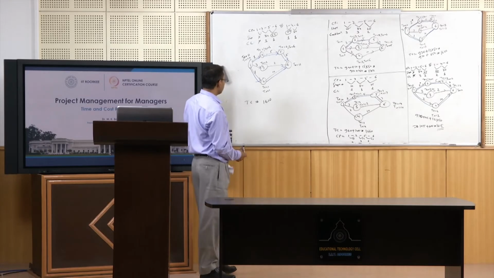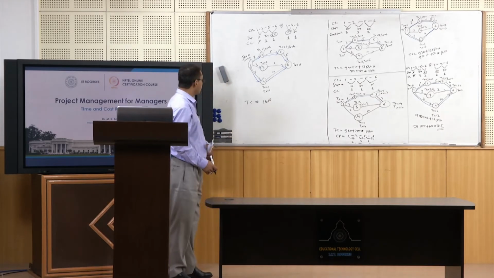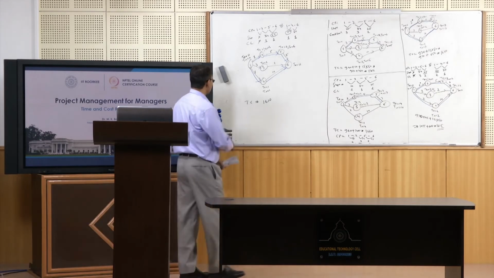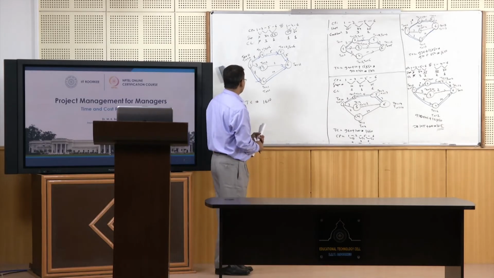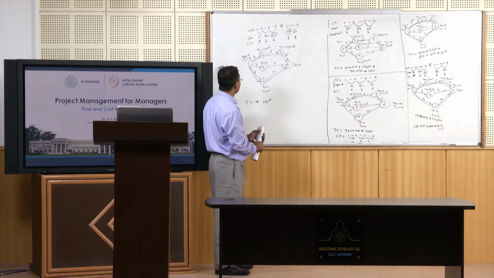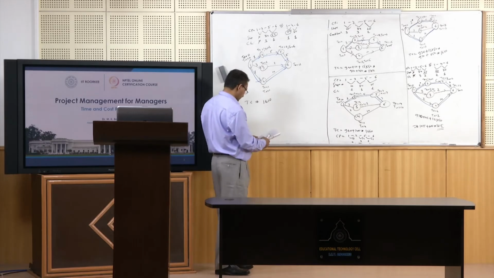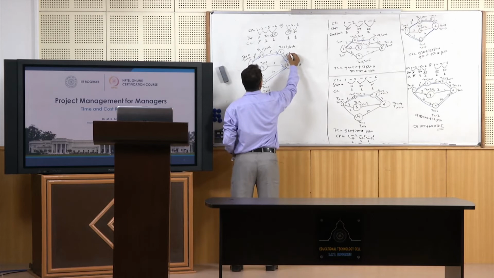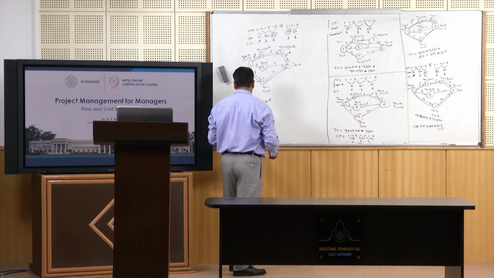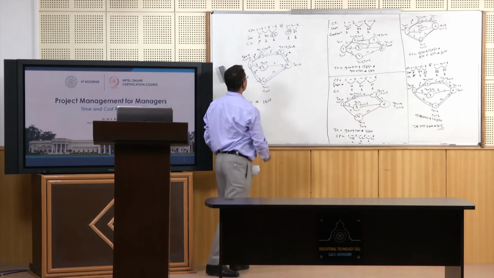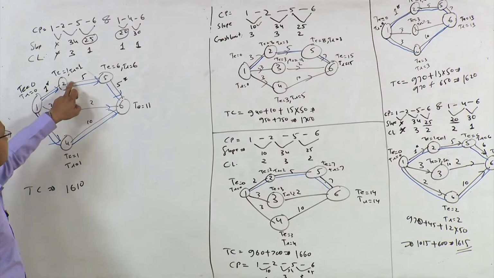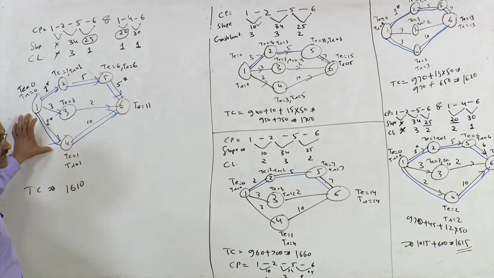Now can you further reduce duration of this project? Is it possible? You have already crashed to the maximum limit of these two, right? So this crash limit is achieved, and here also crash limit is achieved, right? So you cannot reduce this critical activity, this critical activity, and this critical activity.